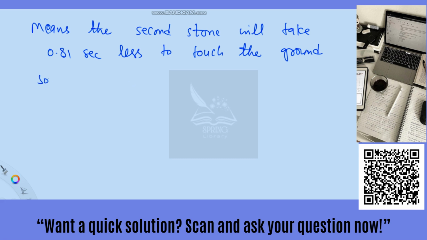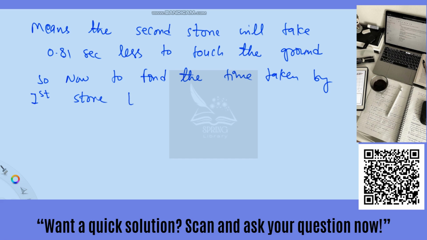So now to find the time taken by first stone to touch the ground, using second equation of motion again, this time for h total 15.0 meter, vi that is still 0, half g 9.8, total time t square.